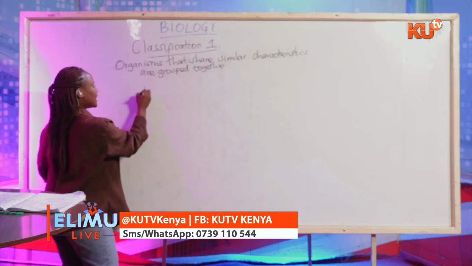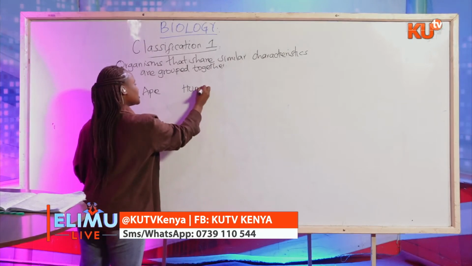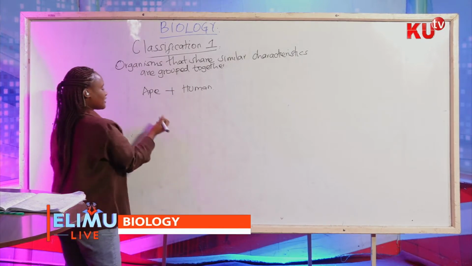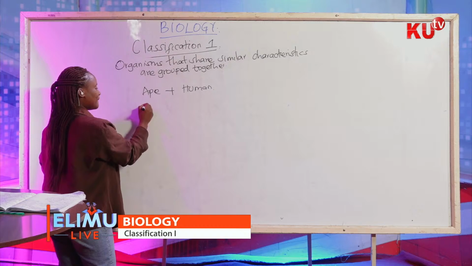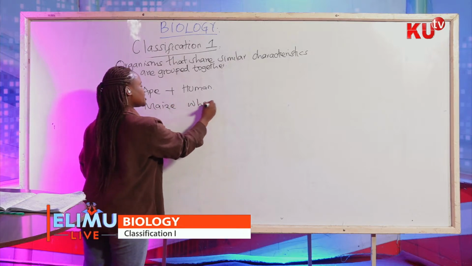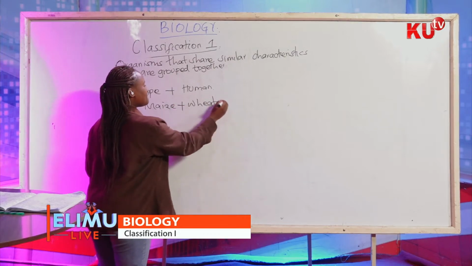If we have an ape and a human being, they share the same characteristics, so they are placed together. If we have maize and wheat sharing the same characteristics as grains, they are put together.